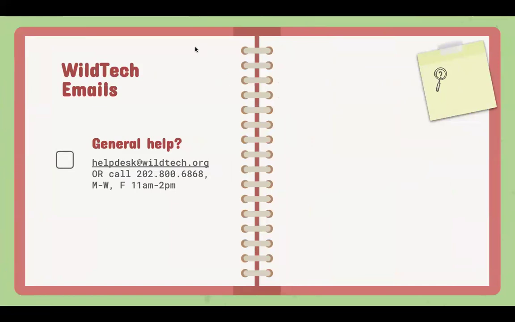For general help, you can email helpdesk@wildtech.org or call 202-800-6868 Mondays through Wednesdays and Fridays from 11 a.m. to 2 p.m. Just as an announcement, there has been a flood of calls coming to the help desk the last several weeks since this new Zoom update.